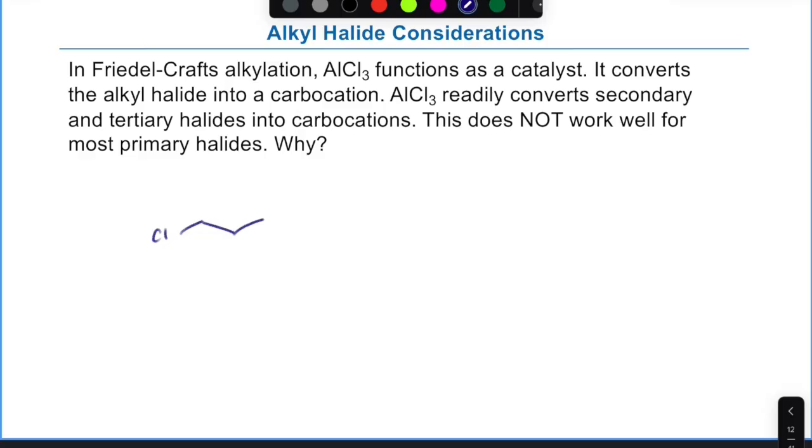Yeah, so it would do a hydride shift. So essentially what you're going to do is form this initial carbocation, but that's really unstable because it's primary, and so you would do a hydride shift to form the more stable secondary carbocation.